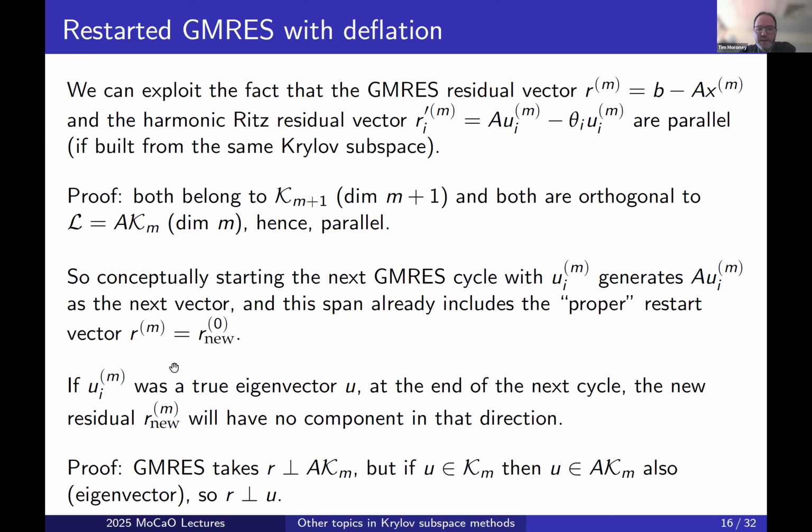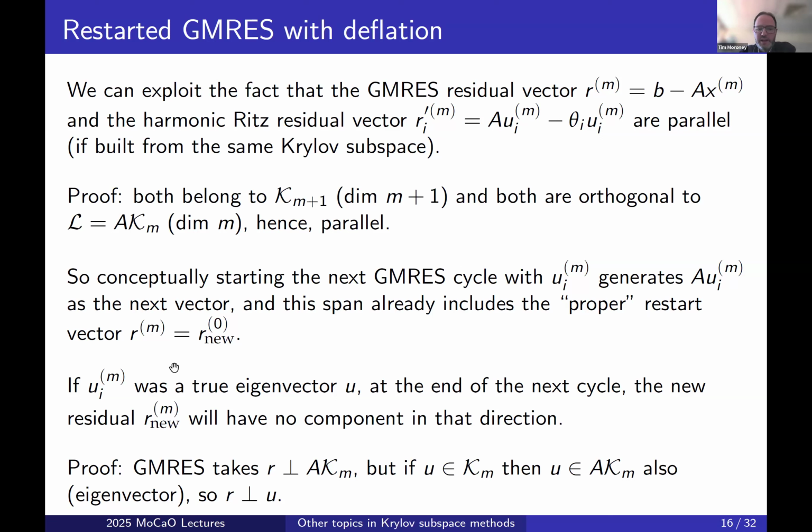So if K literally contains an eigenvector, U, that's the same as belonging to A times K after all, right? A times U is a multiple of U. So U belongs to this space, GMRes is forced to take the component of the residual in that direction to be 0. Fantastic, okay? So that eigenvalue gives you no trouble from that point on, because it literally has no component in the residual, right? GMRes is then free to focus on whatever else is going on.